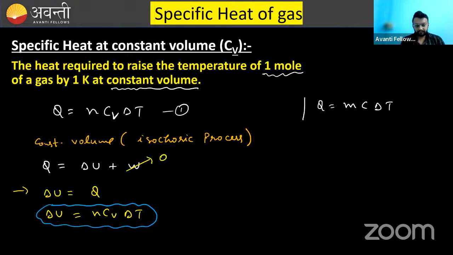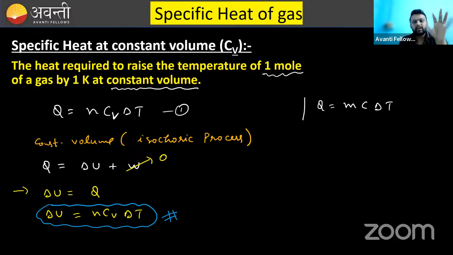Moving further. Make note of this formula. So what we have seen is that the specific heat of a gas is not a constant. It may be positive, it may be negative, it may take any value from 0 to infinity. Why is it not constant? Because it depends on the conditions of pressure and volume as well.